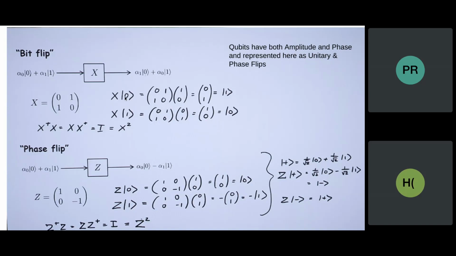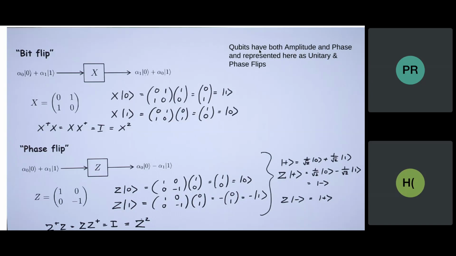So if you have a gate X, and an input which is a linear combination of the state vectors ket 0 and ket 1, alpha 0 ket 0 plus alpha 1 ket 1, X is an operator, and you know that an operator transforms the vector from one state to another, and that is nothing but alpha 1 ket 0 plus alpha 0 ket 1.